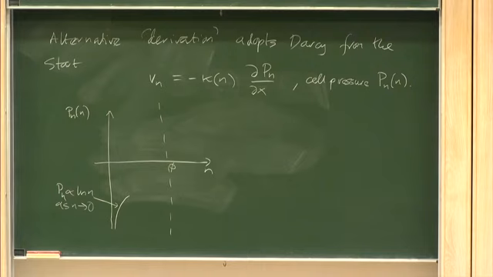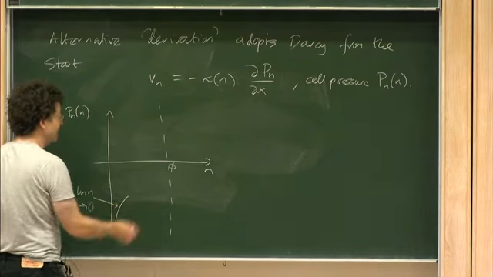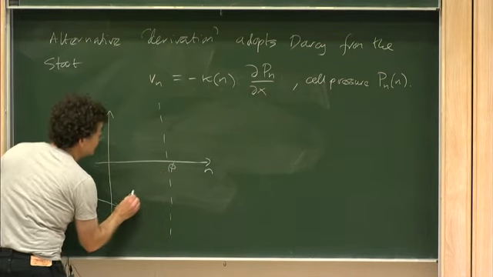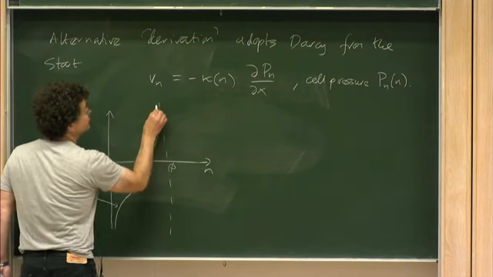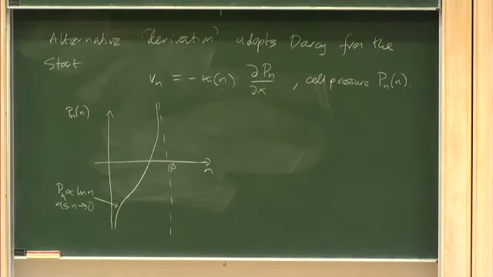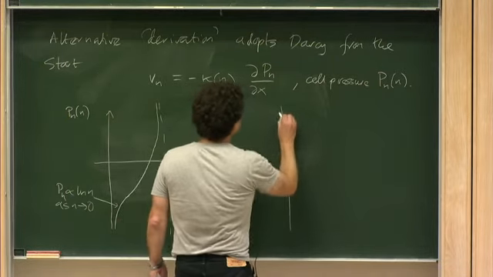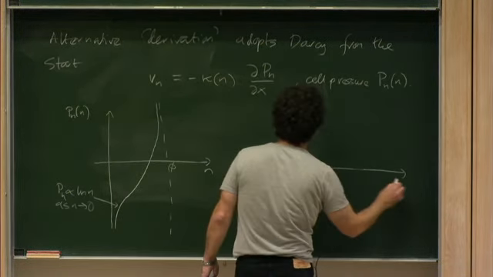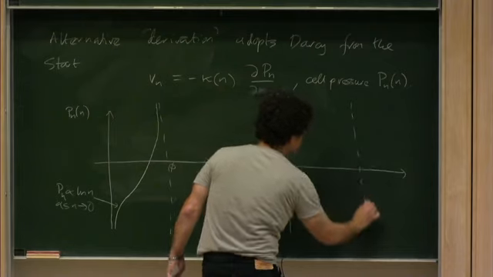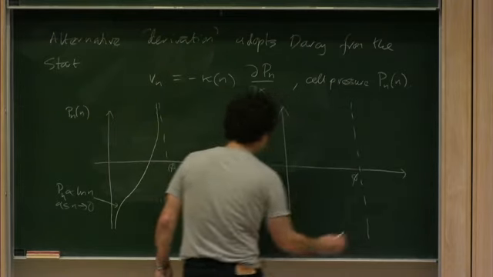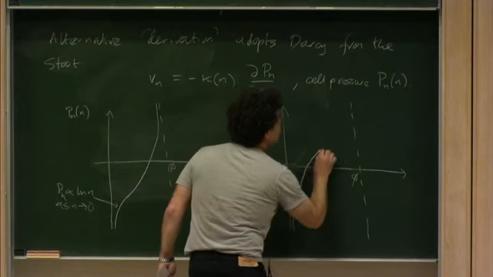But in this class of model, a large part of the point of this was to stop n going above the close packing density. So the way you achieve that mathematically, there's two ways to do it. Either you make the pressure field blow up as you approach phi, or you have the pressure field hitting phi at a finite point, which gives you what's called a complementarity problem, which I'll describe in a minute.